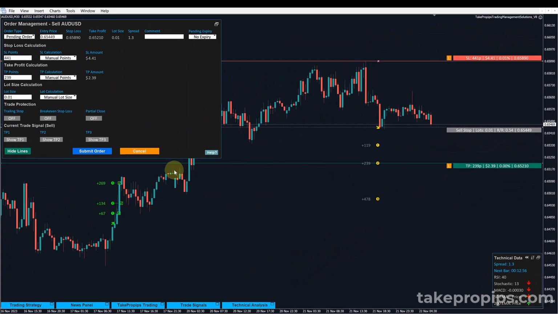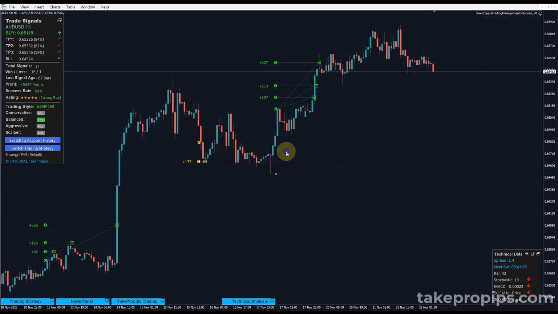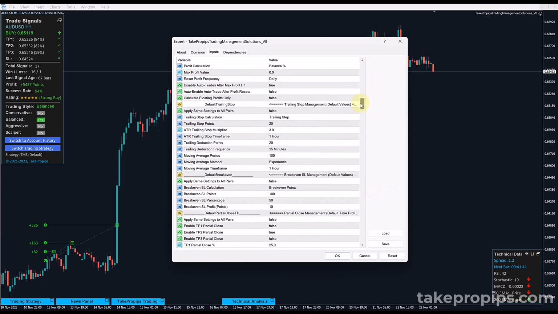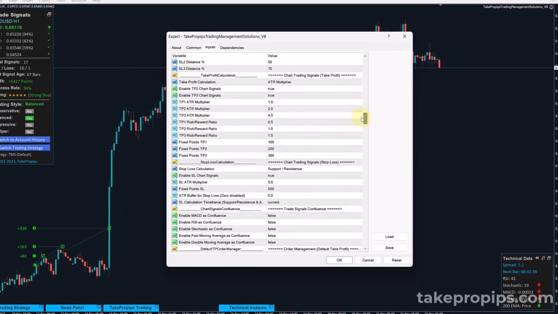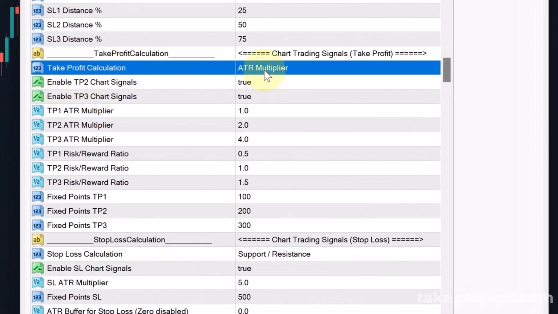Now we need to discuss how the EA calculates the take profit. We can check this by going to the input settings of the EA and checking the chart trading signals section for take profit. By default, the take profit targets are calculated using an ATR, average true range, multiplier. This means that the take profit targets are dynamic and will adapt based on the current volatility of the market.